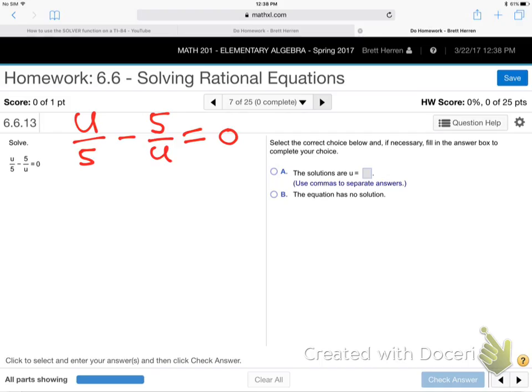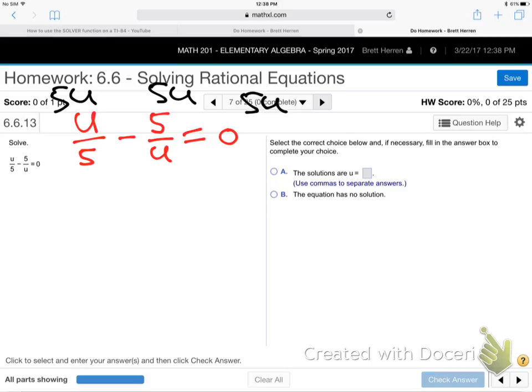It's just 5u, right? Common denominator is just 5u. So what do you do with the common denominator, which is 5u? What do you do with it? Top, top, top. Right? We identify the LCD and we put it top, top, top.